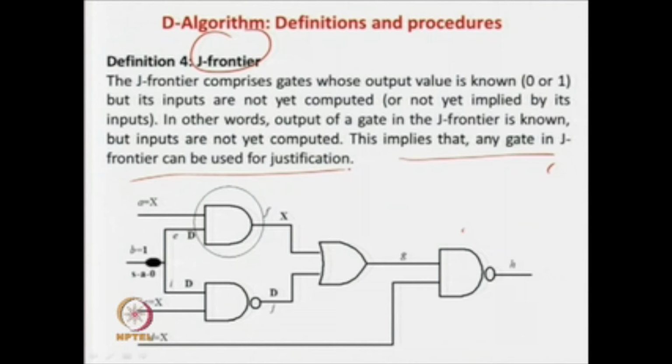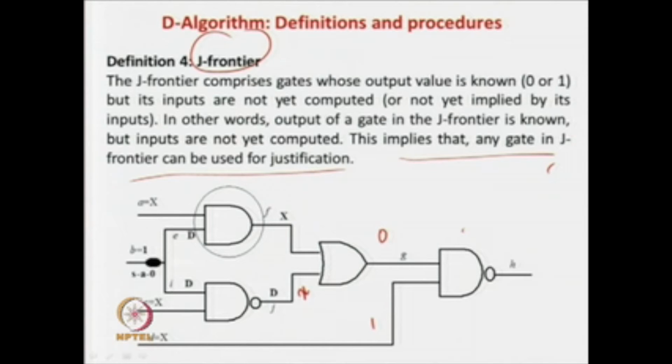That means, say for some reason you know that I must get a value of 0 in this, and I must get a value of 1 in this, and something like this. This is known, but these two inputs are, say, x and x.